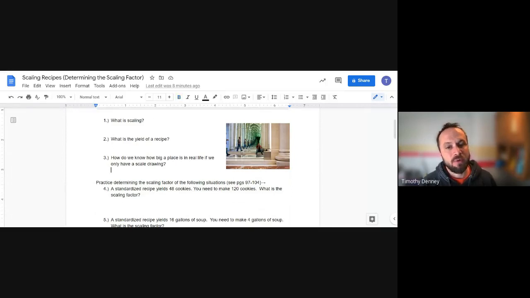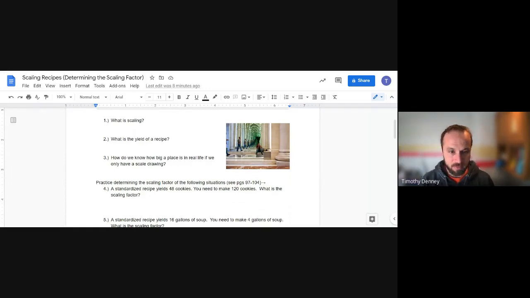How do we know how big a place is in real life if we only have a scale drawing? So here's another example of scaling other than in culinary. Think you have a map. How are you going to tell how far it is to your friend's house looking at the map? Well, Google Maps will tell you if you just do it. But old-fashioned thinking, you had only a map, and you would find the scale factor on that map, and then you would multiply the distance by the scale factor.